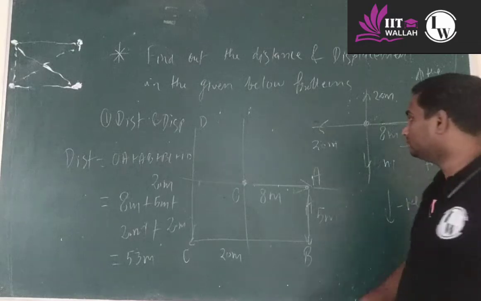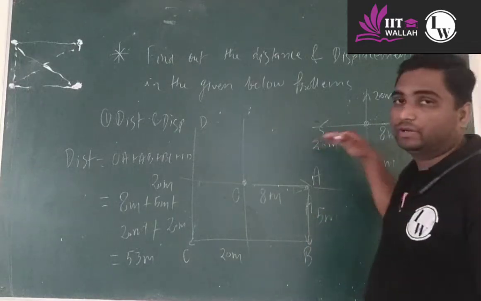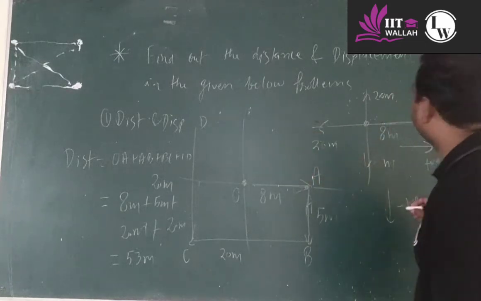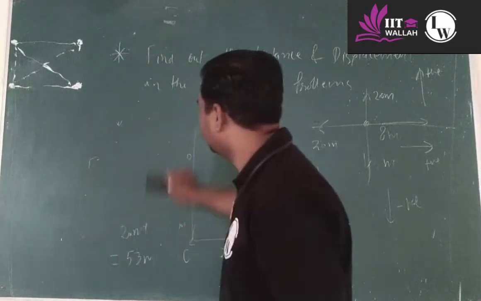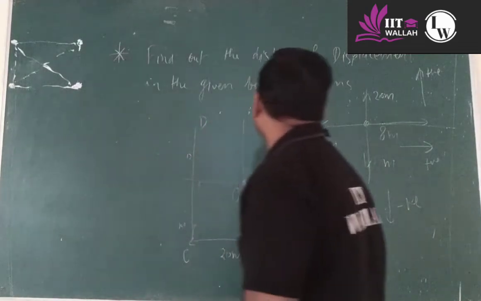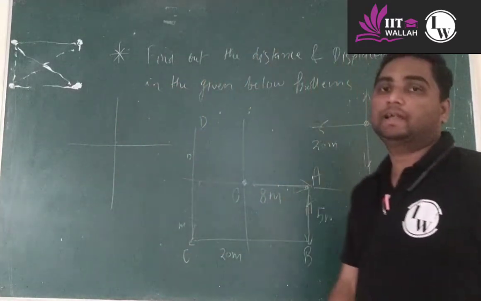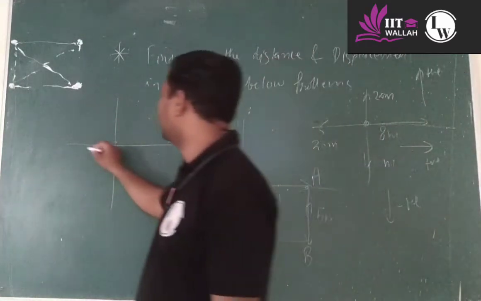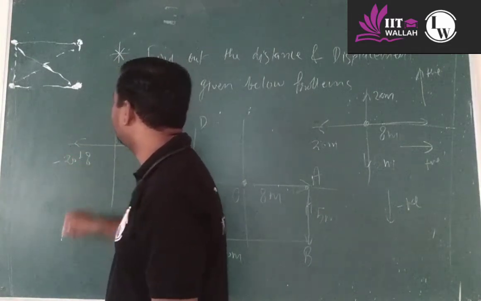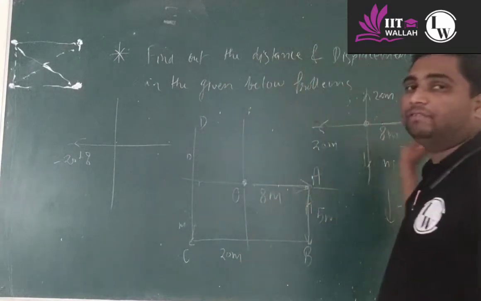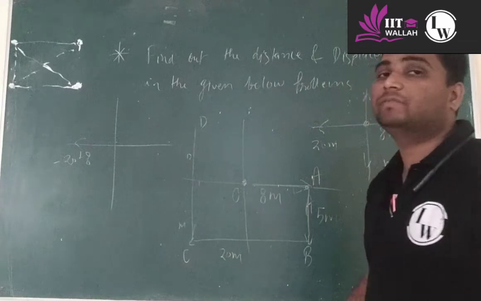So the net effect in the horizontal direction will be as follows. You can make the next diagram here: make another Cartesian plane and write minus 20 plus 8, because I have taken the rightward direction as positive, so the leftward direction will be negative.